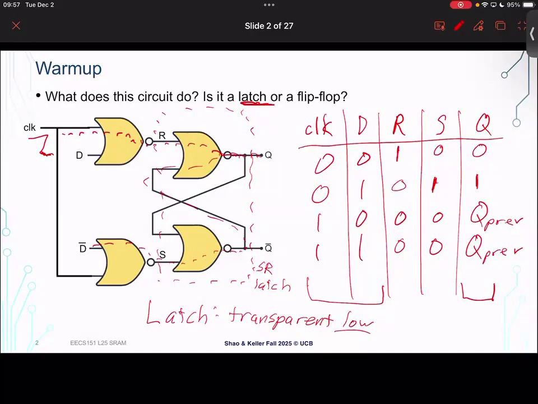We even saw the case last week where we had a fight between two different drivers, and one had to be stronger than the other in order to win the contest. So there does tend to be a little bit of stepping outside the box in order to design these circuits. But keep your wits about you. Just draw the truth table, think about all the cases, and then try to reason about what the behavior is and which kind of circuit it matches.